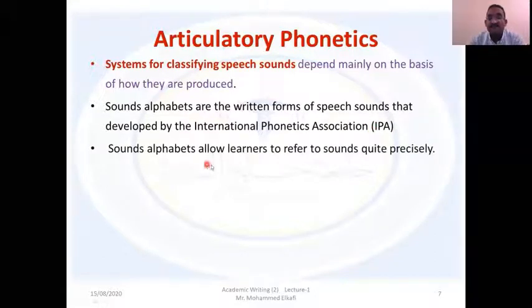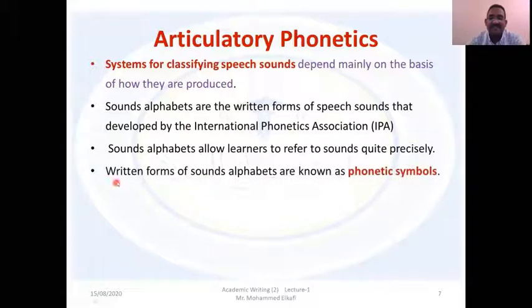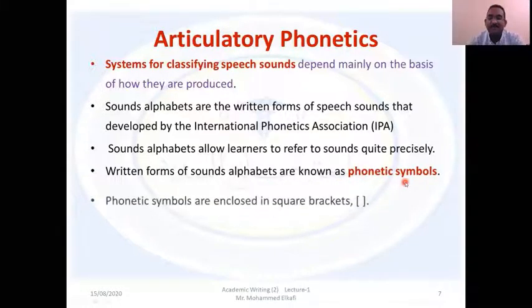Sound alphabets allow learners to refer to sounds quite precisely. Written forms of sound alphabets are known as phonetic symbols.